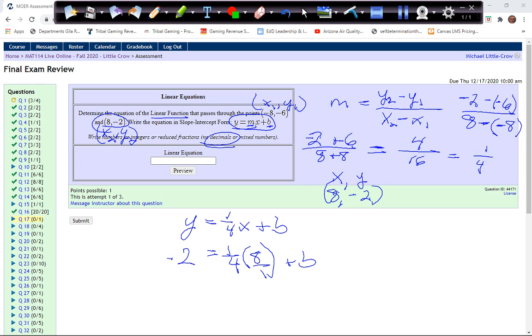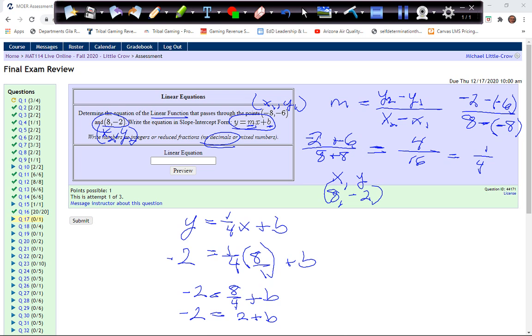We can multiply straight across, so that gives us 8 over 4 plus b equals negative 2. This reduces down, 8 divided by 4 is 2, plus b. So we get negative 2 equals 2 plus b.